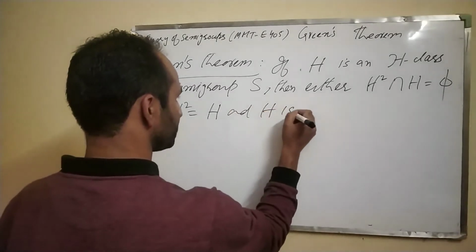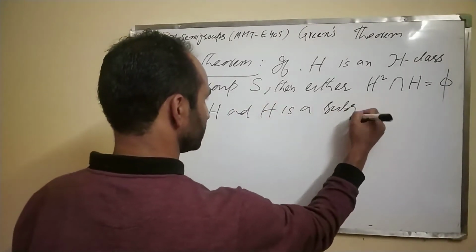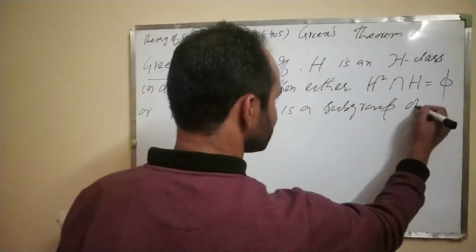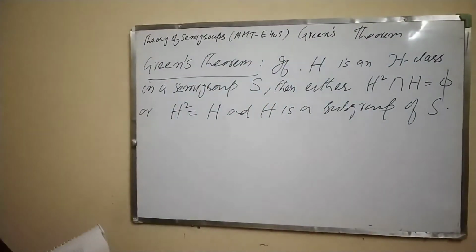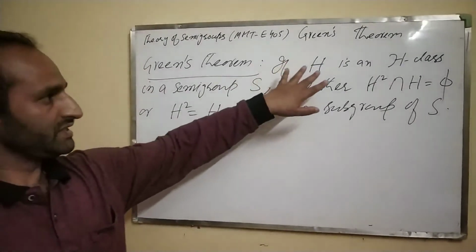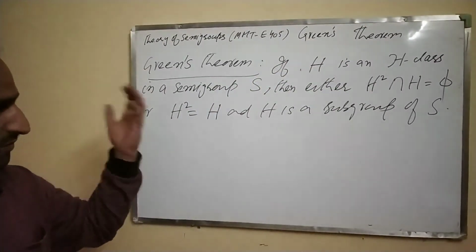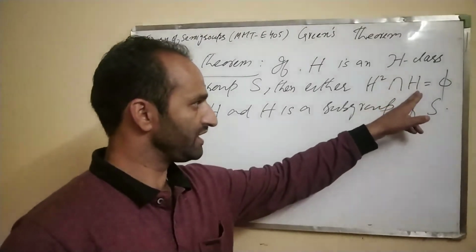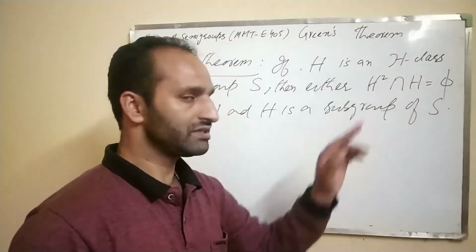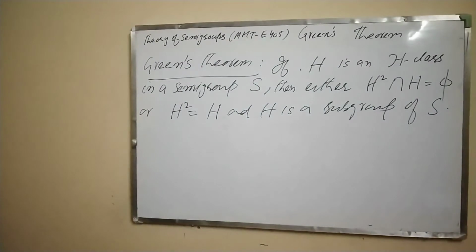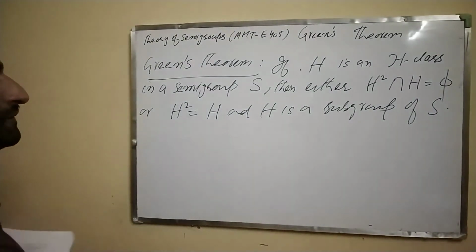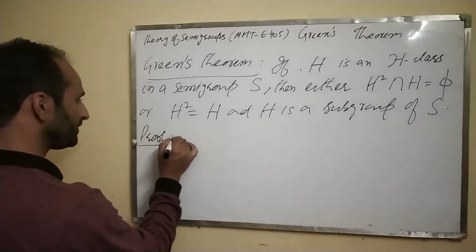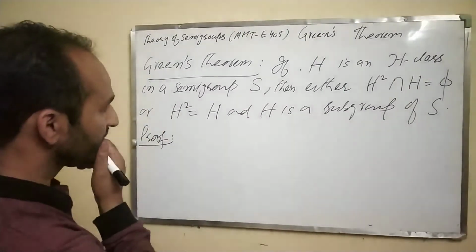This is a very important theorem: H is a subgroup of S. So these H classes are either subgroups, or if they are not subgroups, then the intersection of H square with H is the empty set. Okay, let's prove this theorem. Very simple, not too difficult.